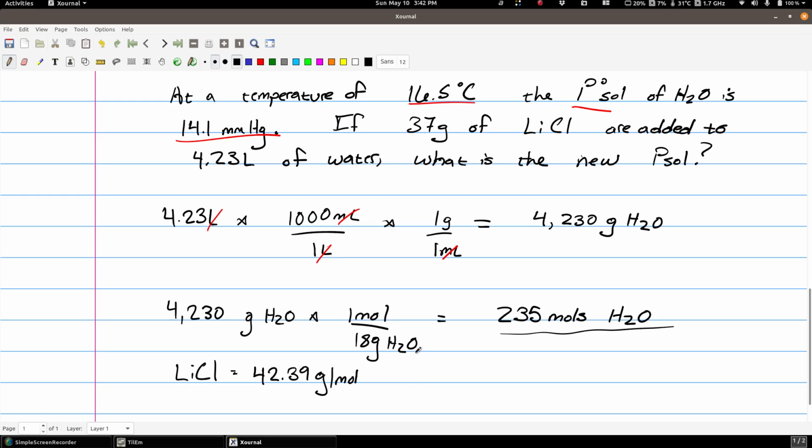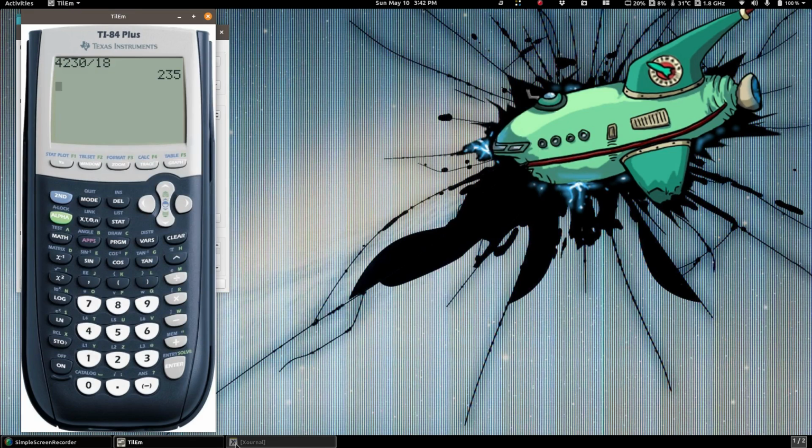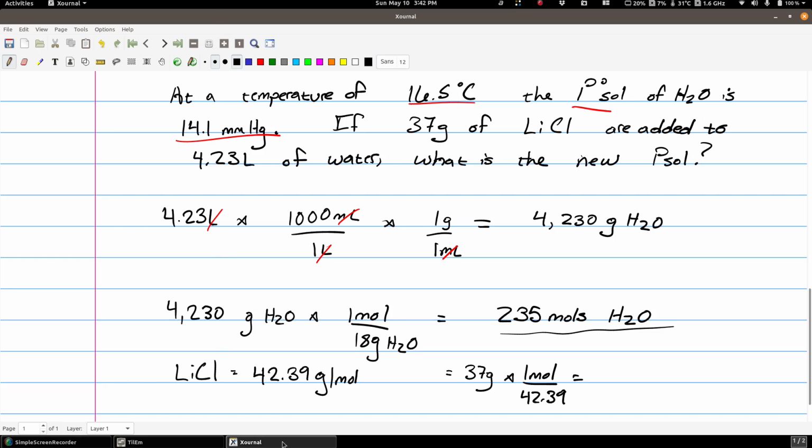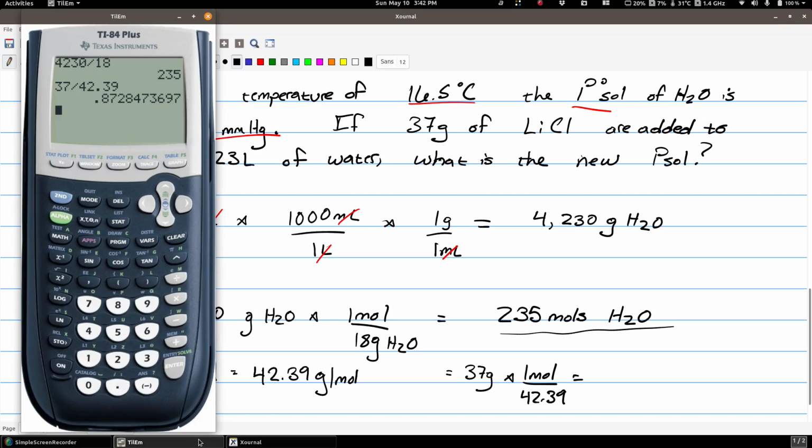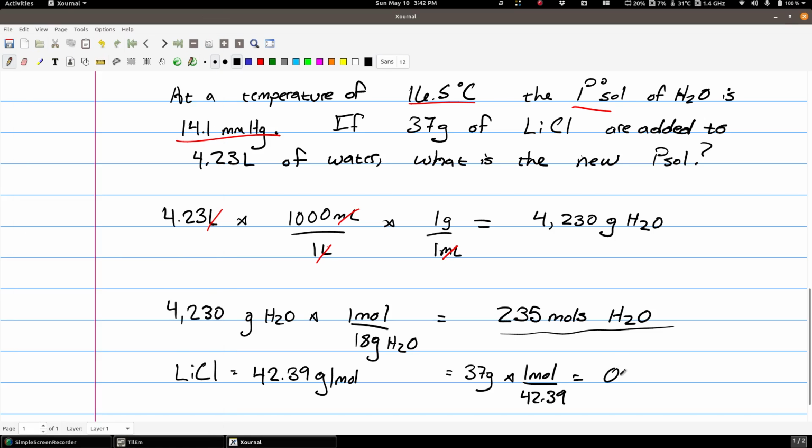So we have 37 grams, so you have 37 times 1 mole divided by 42.39, and that gives you the moles, approximately 0.87.